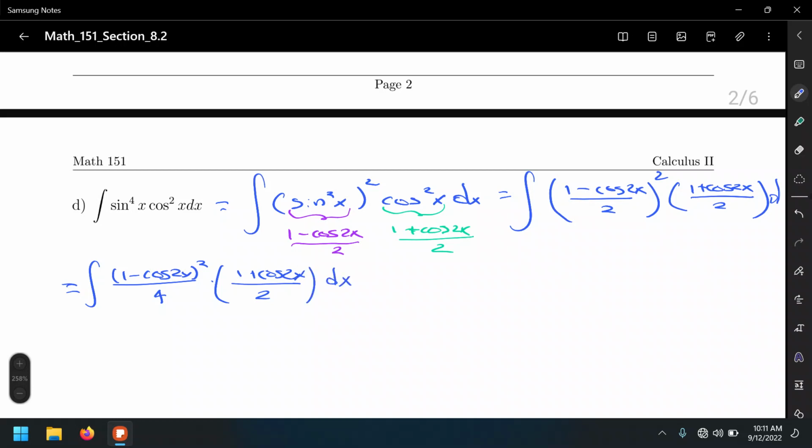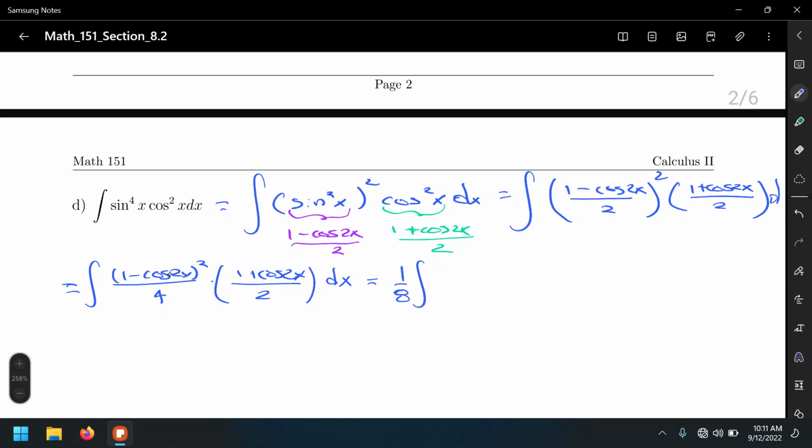How about we take care of the numbers in the denominator? This way we don't have to end up with fractions, and we don't have to combine numbers in terms of fractions when we simplify this integral. So 4 times 2 in the denominator means a 1/8, but I'm going to write that 1/8 outside of the integral.